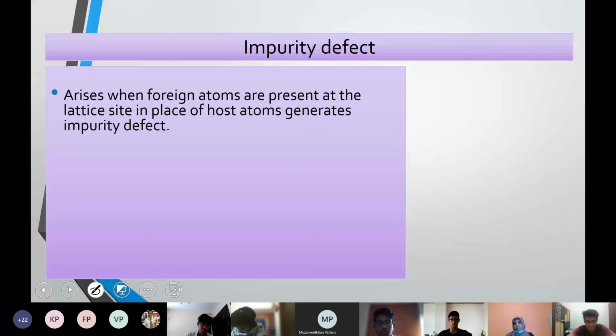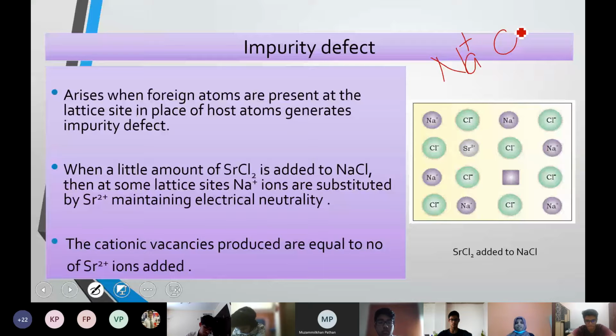So impurity defect is, as you can see in the example, we have taken an example of NaCl. Sodium chloride is an ionic compound where Na plus and Cl minus ions are arranged in the lattice. That is a perfect crystal where Na plus and Cl minus are arranged in the lattice points.